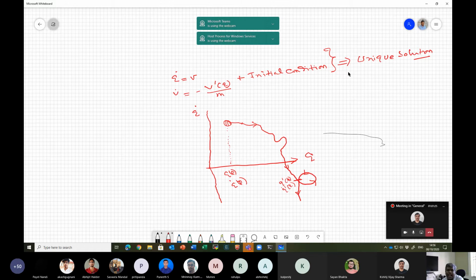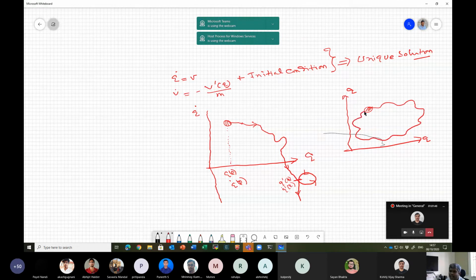Okay, so this is one kind of trajectory on the phase space that we had drawn, and you can draw another one, say this is q and this is q dot. Like I say, this particle initially is here, and it's going along a zigzag path in the phase space, and ultimately you come to the same point from where you started. Right, so this should be q dot.